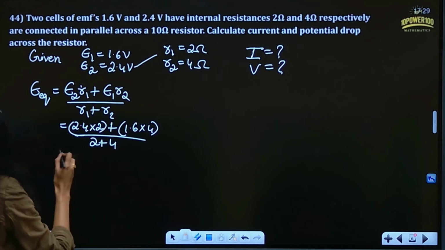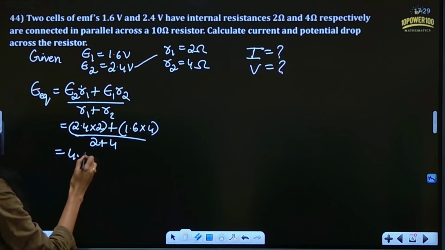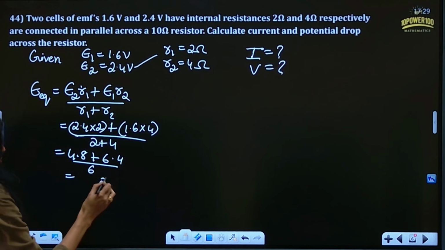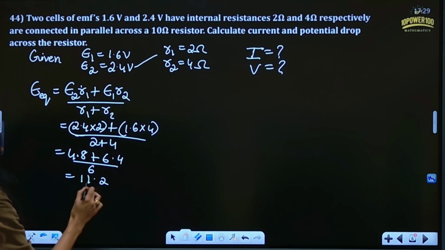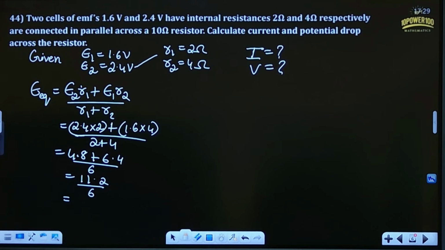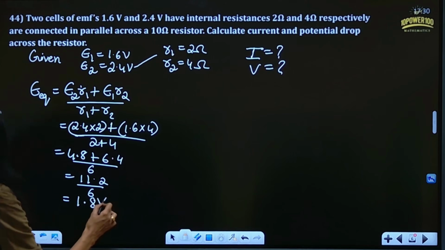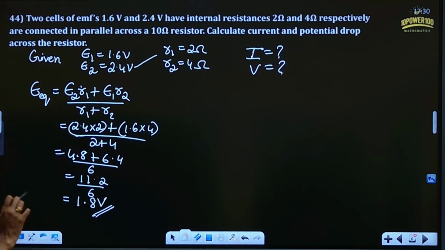So 4.8 plus 6.4 gives 11.2 divided by 6, which is something around 1.8 volt. So the equivalent EMF is found.